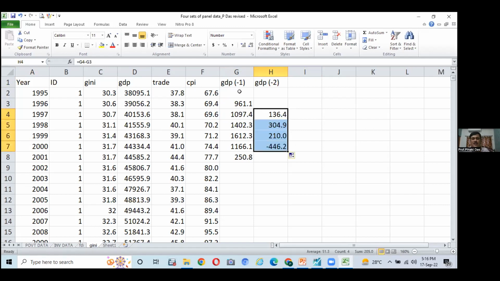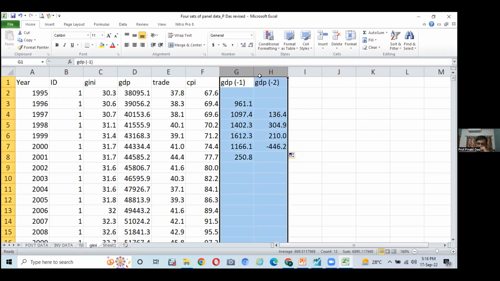In this way, we are calculating the GDP at the first difference, GDP at the second difference, and the original data that I have arranged is the GDP at level. Is it clear? What you understand by a particular variable at level, at first difference, and at the second difference? Yes or no? Yes, sir. Okay, good.